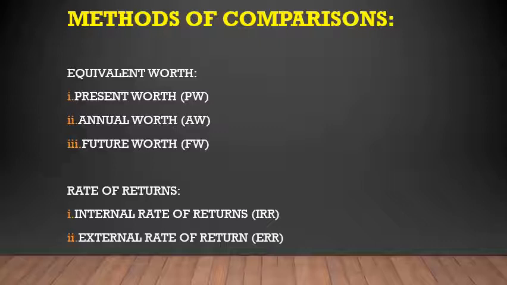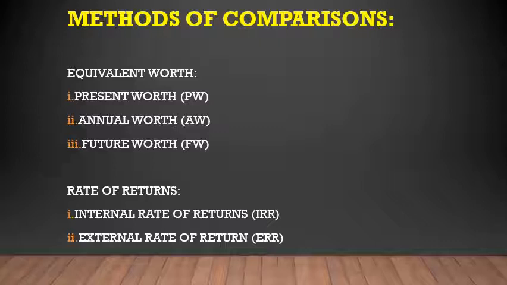In other words, we convert every cash flow into its present worth: present worth 1, present worth 2, present worth 3, like that, depending on the number of alternatives. And we select that particular present worth which gives me the best result.